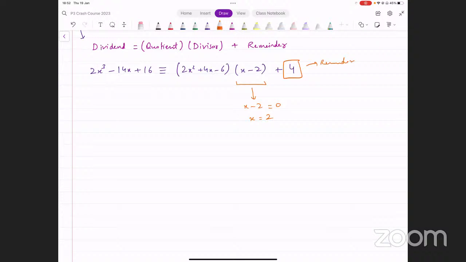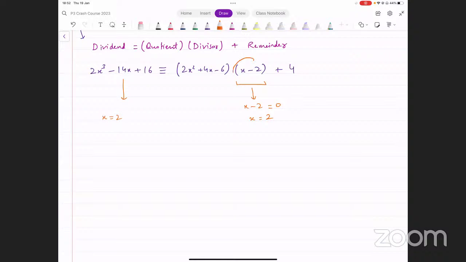All right. Now, how do we use that? Because here we have already found the quotient and the remainder and the divisor. How does this help? Since we already know the remainder is 4, what's the point of doing all of this? Well, this thing that you have on the left side is the same polynomial. If we were to input x equal to 2 here, where's that x equals 2 coming from?